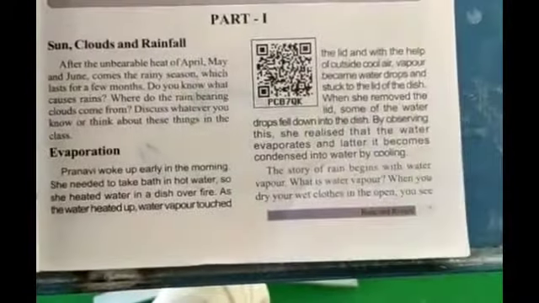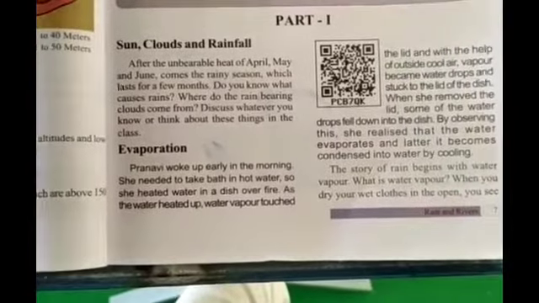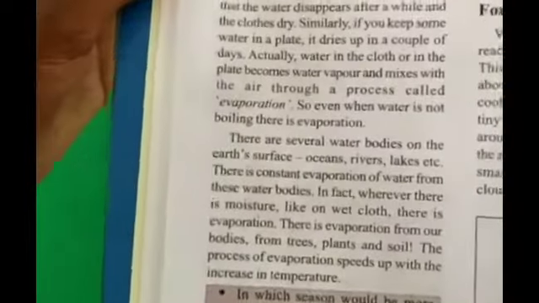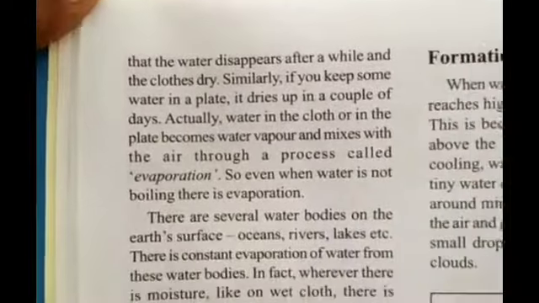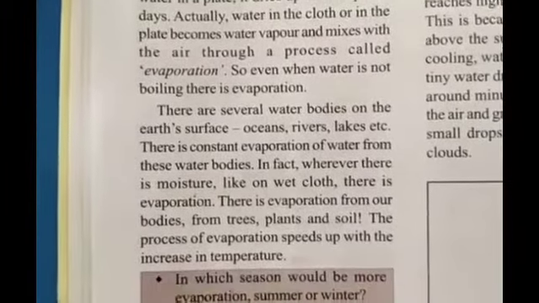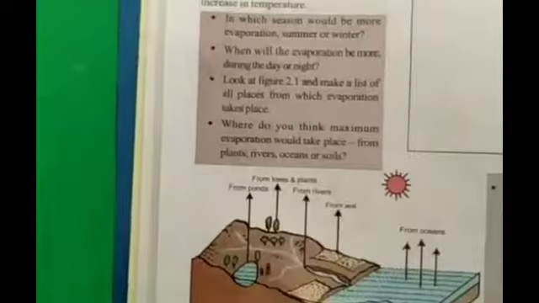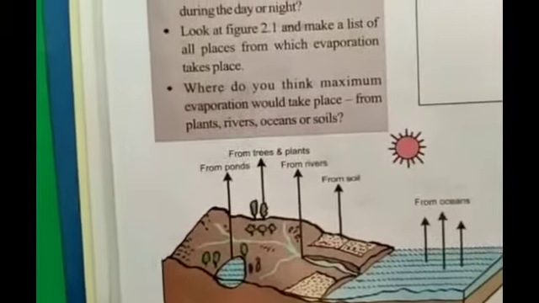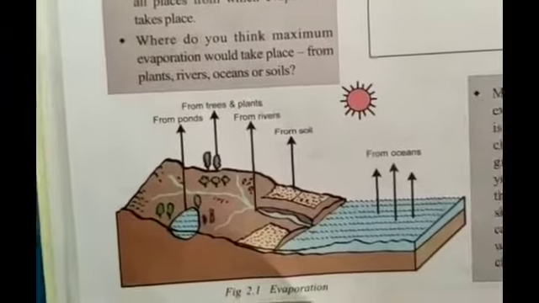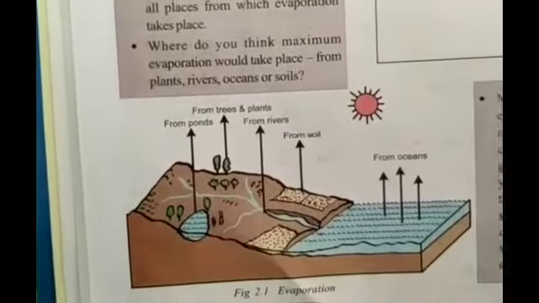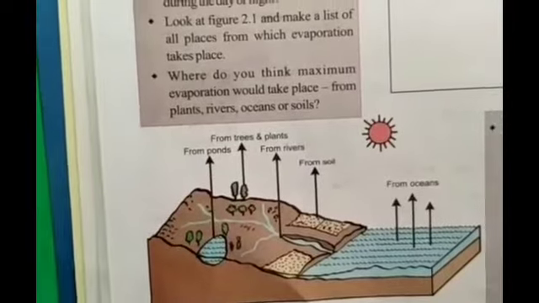There are several water bodies on the earth's surface like oceans, rivers and lakes, and water also evaporates from wet cloth, bodies, trees, plants and soils. Formation of clouds and rain. How are clouds formed? When water vapor rises with hot air and reaches high up in the sky, it gets cooled.